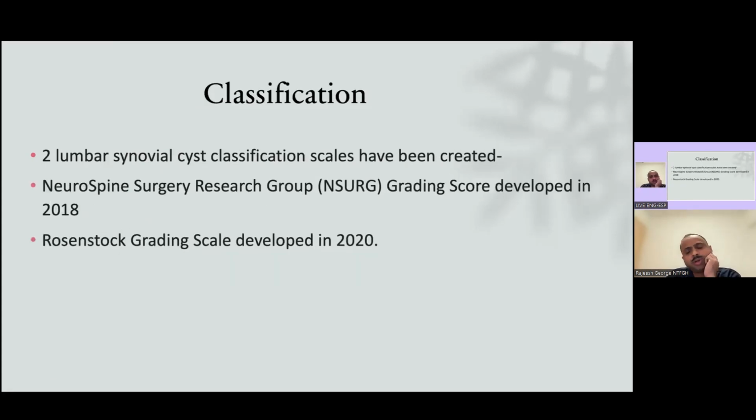When you come to the classification of the cysts, there are two main classifications. One is your neurospine surgery classification, which was developed in 2020, and the other is the Rosenstock classification.